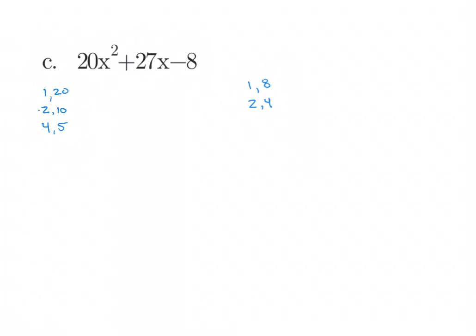We can get rid of 2 and 10, and we can get rid of 2 and 4, because 27 is an odd number, I do not want to go with a pair of even numbers. So that does leave me only one possibility for my lasts. I know my lasts are going to be 1 and 8.